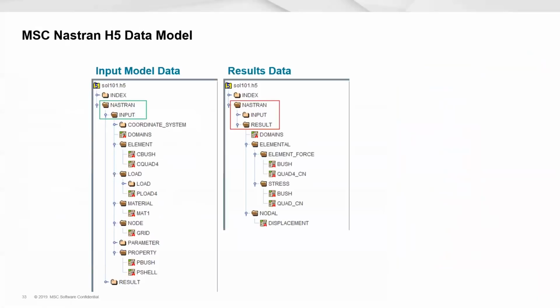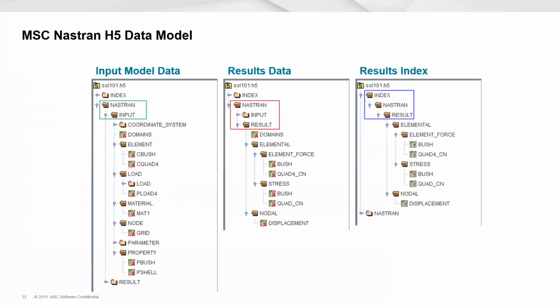So each of the element types gets a different table to keep the data organization straightforward. When you have different results types, you're going to see different tables because they have different results in them, and the organization of the table is different. Rather than trying to make the table generic and you have to figure out what you got, the tables are specific and it's relatively straightforward. In the same way under nodal, you see displacement, but SPC forces would be the same way. The grid point force balance would be down there.